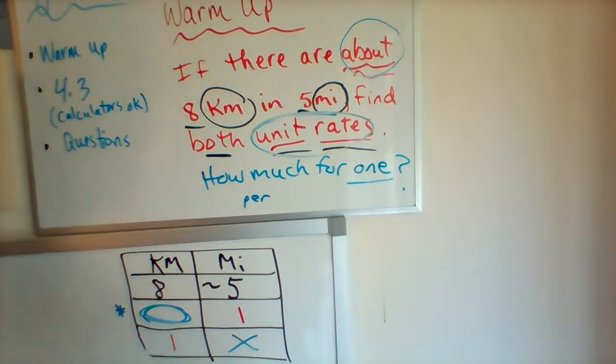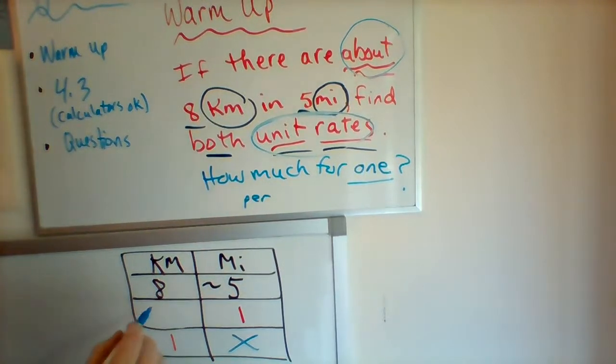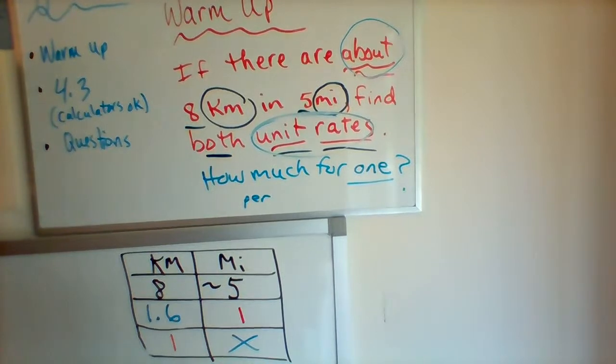Okay, Alana says 1.6. That means that everybody has to agree or disagree, and Alana has to tell us how she got the 1.6. Okay, Alana, tell us how you got it, and everyone else, tell us if you agree or disagree.